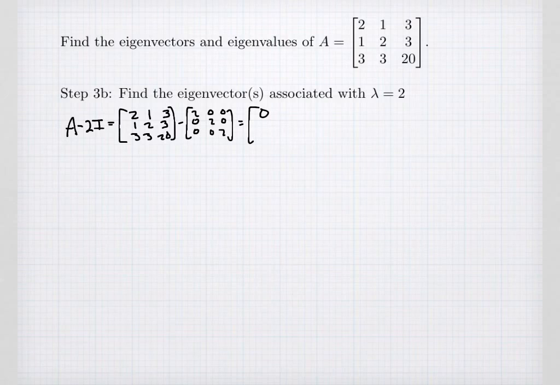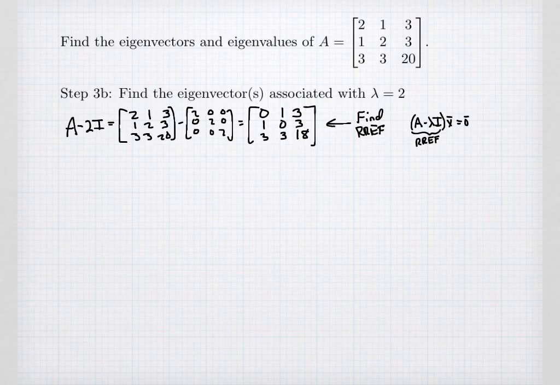And we get 0, 1, 3, 1, 0, 3, 3, 3, 18. And I need to find the reduced row echelon form of this matrix, because I'm solving the system A minus lambda I times a vector equals a 0 vector. So I want to find the reduced row echelon form equivalent of that system of equations.